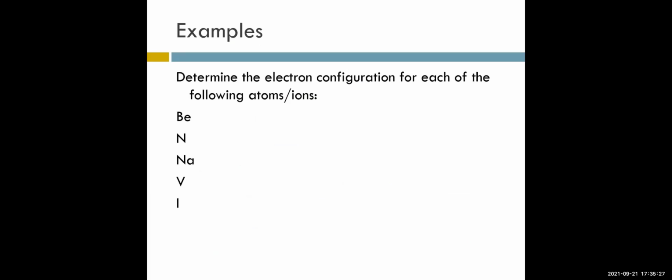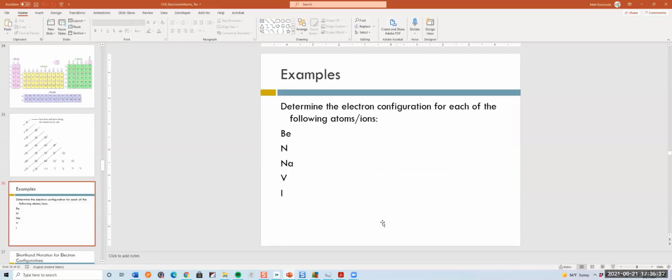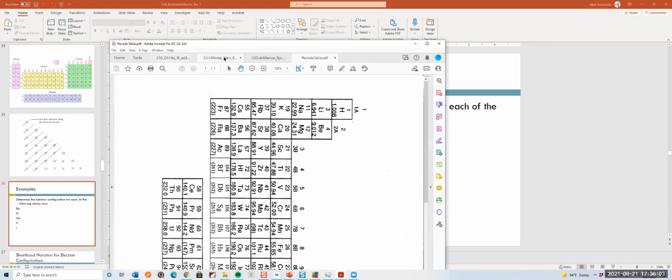So let's figure out the electron configurations for each of these. I'm going to open up a separate periodic table here. Just 1 second. I need another periodic table because we're going to want that when we go through these. Let's make it easier. Oh, that's not what I wanted.